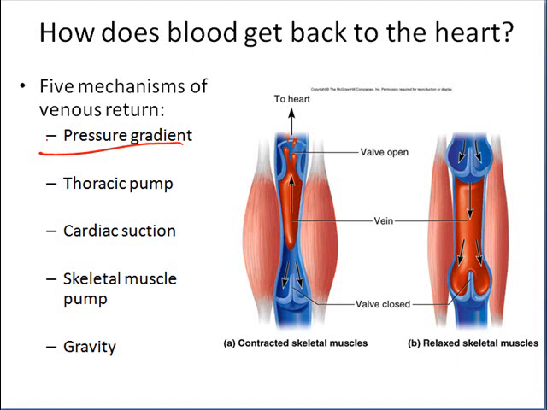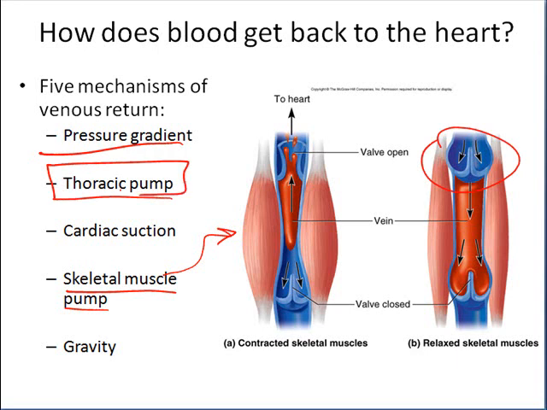There's also this skeletal muscle pump I just talked about, where the contraction of skeletal muscle tissue itself helps to squeeze blood through the veins, and in conjunction with these venous valves prevents it from falling back downward again.